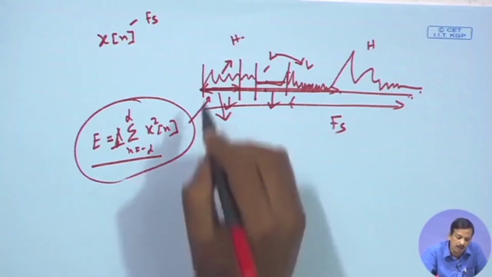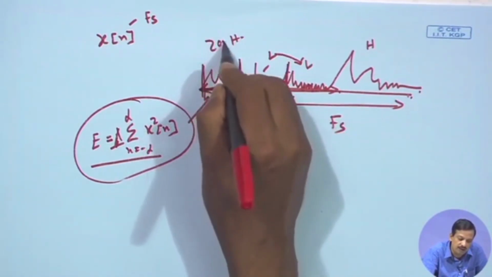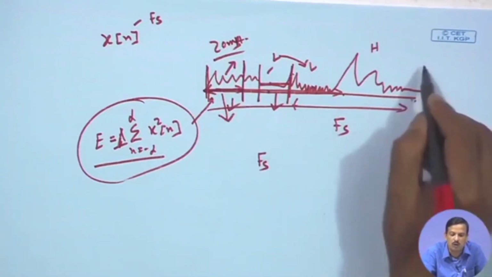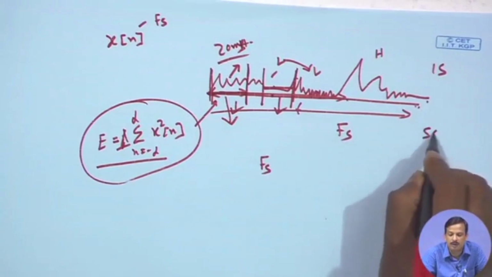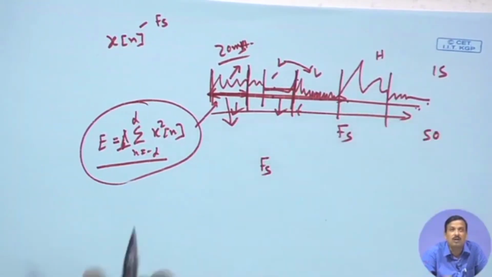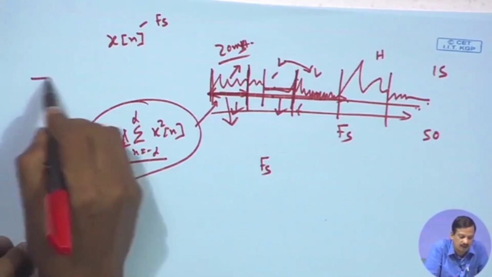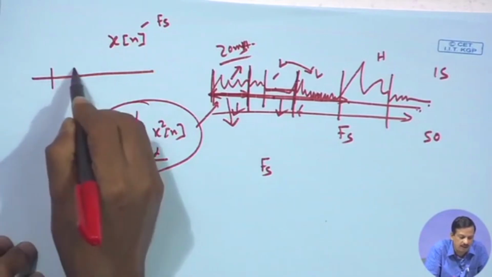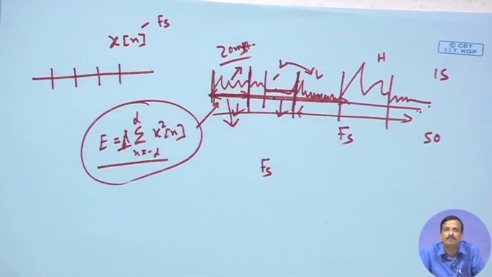Now, if I window the signal, let us say a 20 millisecond window, for 1 second of signal, how many frames will I get? 50 frames I will get if I slice the whole signal in a 20 millisecond window. So, I have a 1 second signal, I slice it every 20 millisecond, so I get 50 slices.